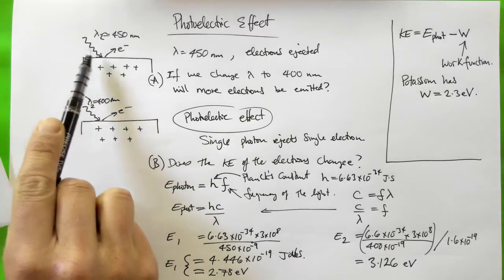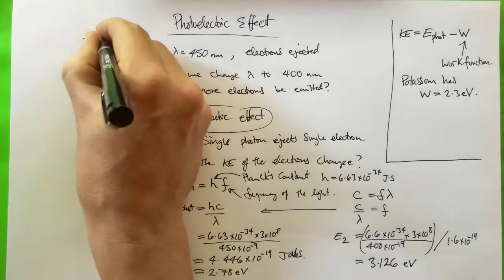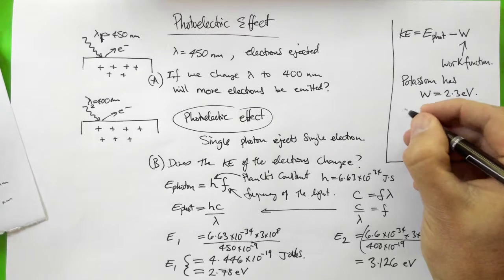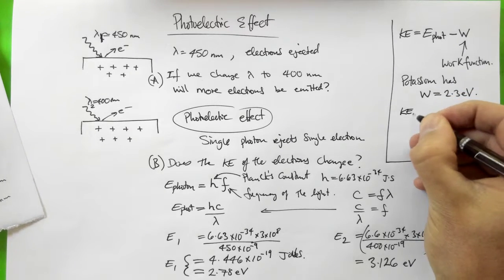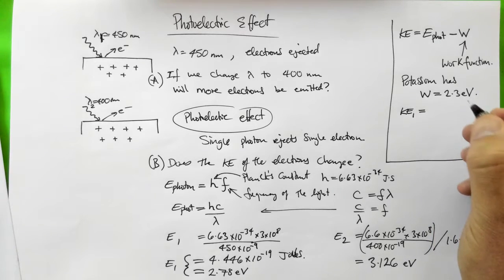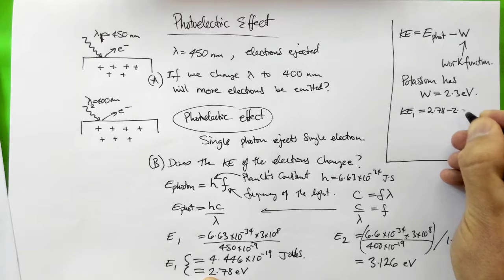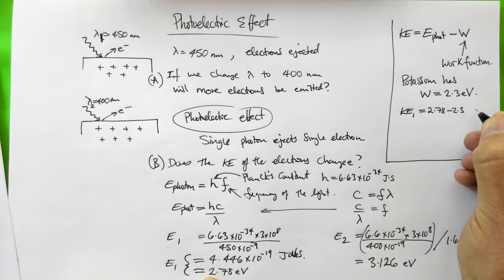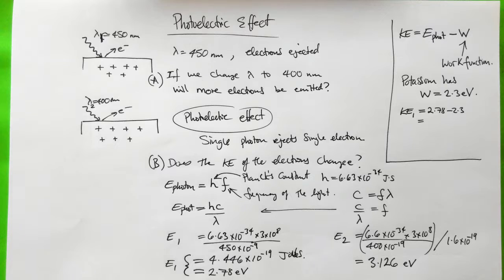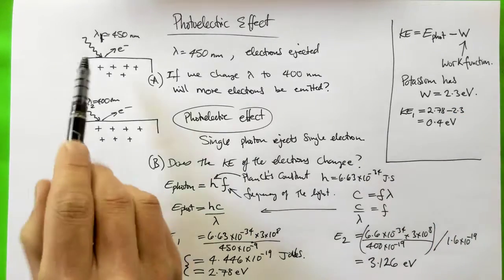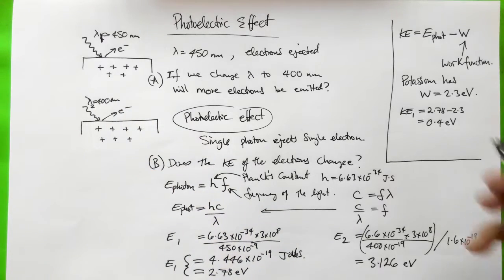So in this case, case 1 or case 2, we can ask how much energy did the electrons have. So the kinetic energy of the electrons in the first case could have been 2.78 minus 2.3, which is 0.4 electron volts. That could have been the maximum kinetic energy of the electrons in case 1.